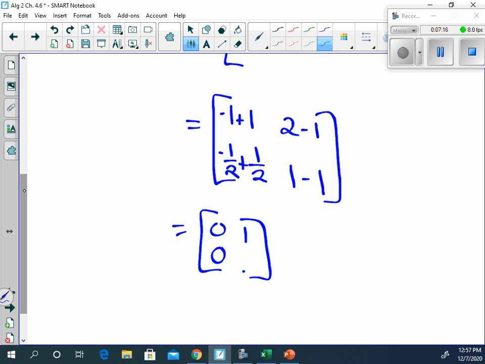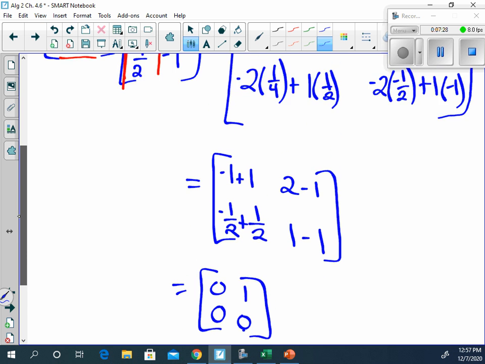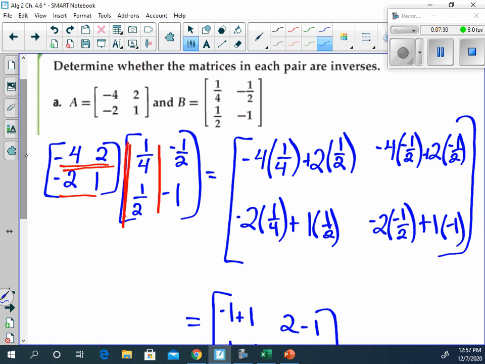And 1 minus 1 is 0. So is this the identity matrix? No. So what that tells me is that these two are not inverses of each other. So here our matrices A and B are not going to be inverses of each other. It doesn't work out. These are not inverses.